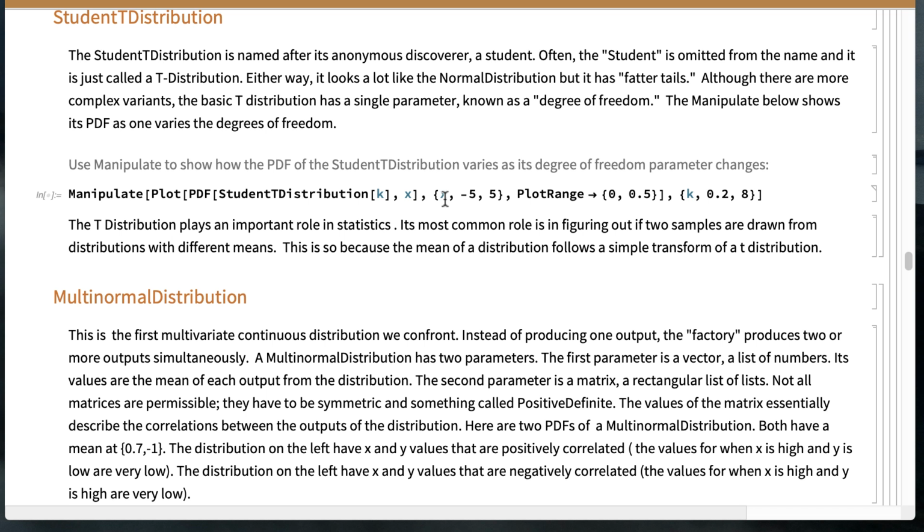And we're going to see this term degree of freedom used throughout the course. Just know that it just means it's a parameter of a distribution, and for various reasons, people happen to call that parameter a degree of freedom. They could call it a Fred, they could call it a hot dog. It's all the same thing. It's just that it happens to be called a degree of freedom.